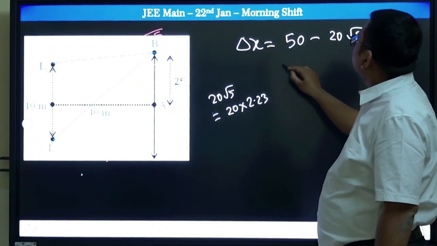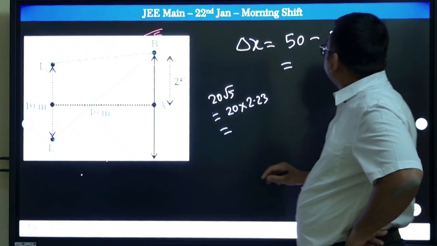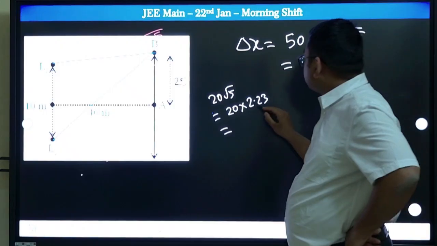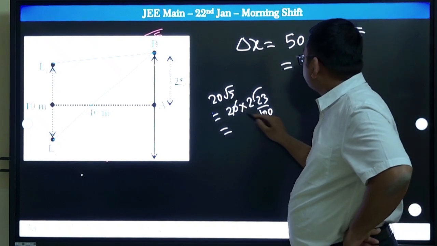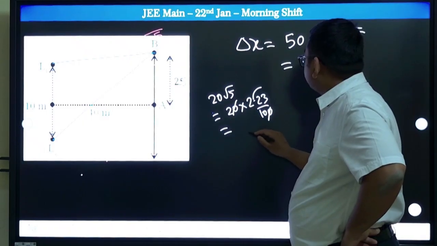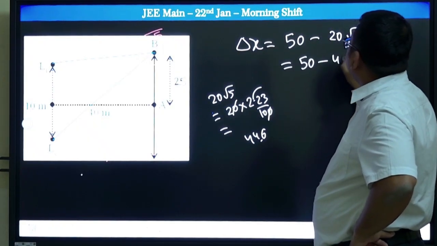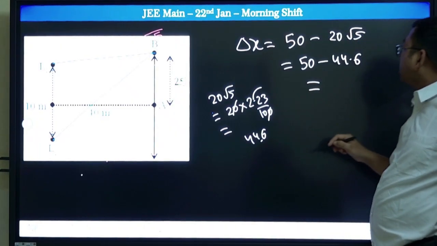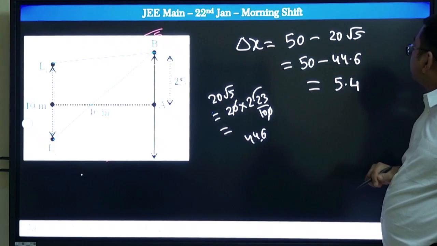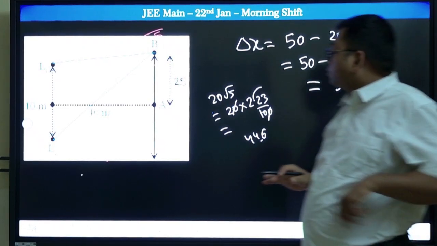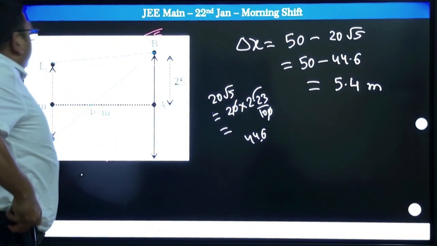Let us do this calculation. Multiplying, this becomes 44.6. So 50 minus 44.6 is how much? It is 5.4, correct? 5.4, yes. The units are all meters, I think. Okay, so you got the path difference.